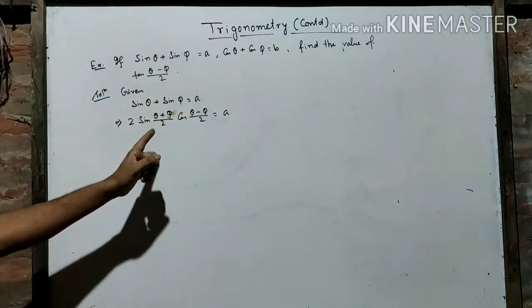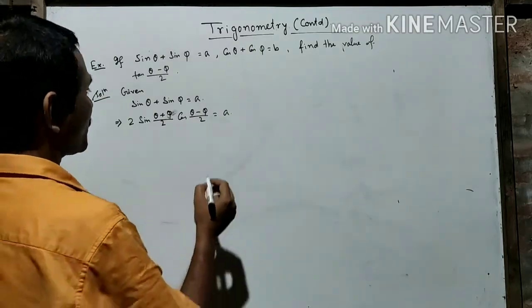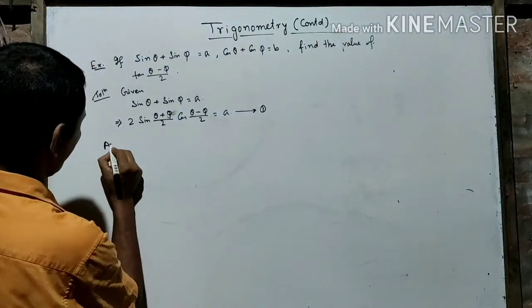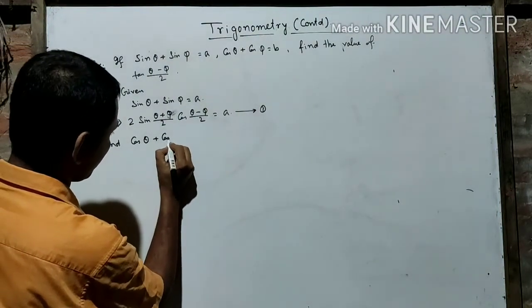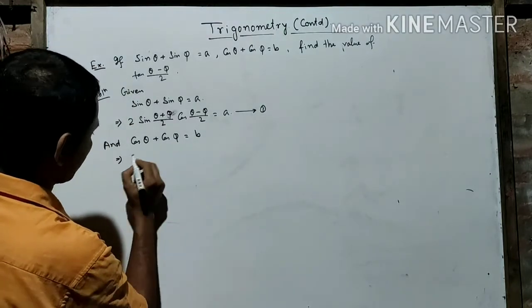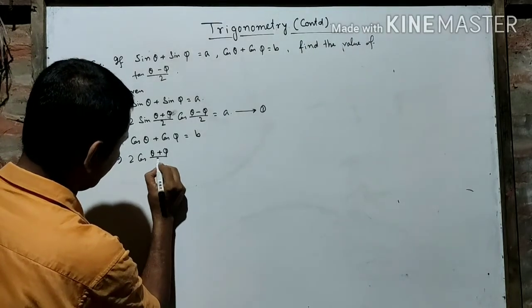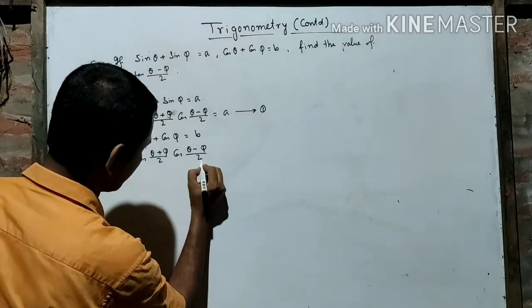Sin C plus sin D is equal to 2 sin (C plus D) by 2 into cos (C minus D) by 2. Multiplied by 1. And what is given again? Cos theta plus cos phi is equal to b. So it is cos C plus cos D, 2 cos (C plus D) by 2 into cos (C minus D) by 2.